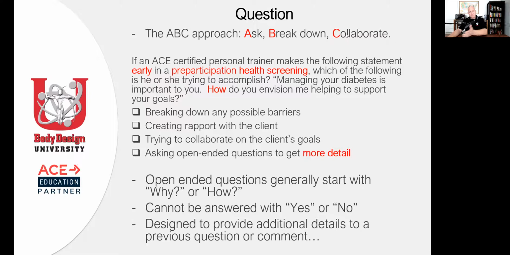That would be the last thing that we would be doing. So the very first thing we're doing is asking an open-ended question to get more detail. By the way, ACE gave it to you right here. Managing your diabetes is important to you because why? Additional details to a previous question or comment.